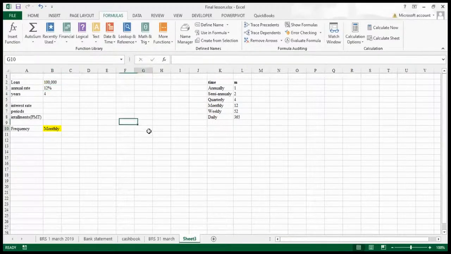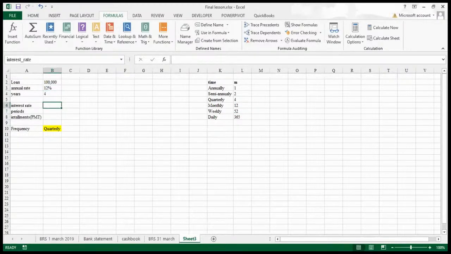Which formula is that? I want a formula that will tell me if my frequency here is quarterly, then it should take interest divided by 4 to give me the interest rate. If it is weekly, it should take this divided by 52 to give me the interest rate.